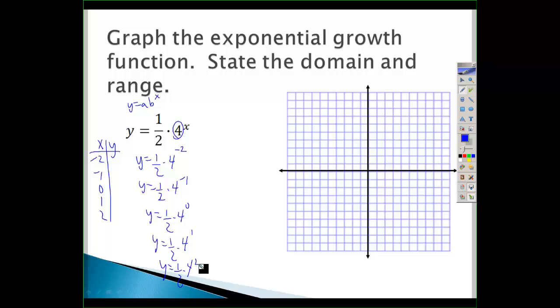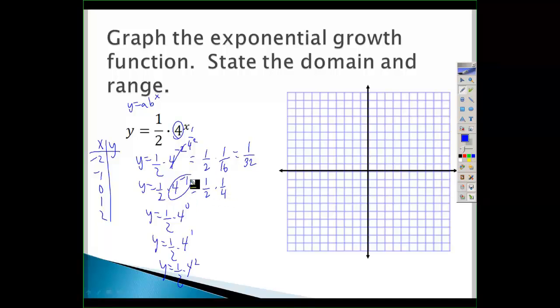Okay, and remember when you multiply fractions, you can always multiply straight across and cross cancel if you can. That'll make it easier for you. Okay, 4 to the -2 is really 1/4 squared. So I'm going to write 1/2 times 1/16. That makes 1/32. Okay, this guy right here, 1/2 times 1/4.